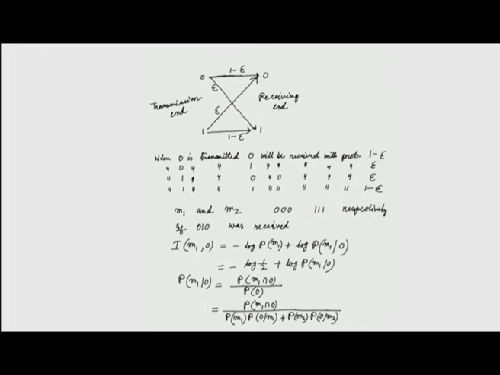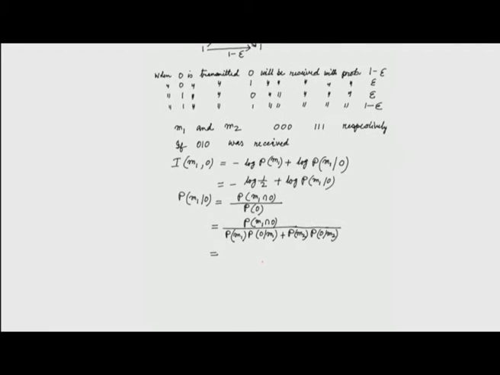Then what is the probability that 0 is received, and next is probability of M2 into probability of 0 given M2. Now, probability of 0 given M2 is the probability that, given M2 is transmitted, 0 will be received.